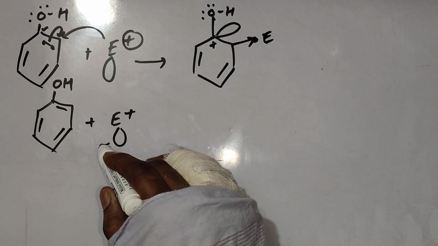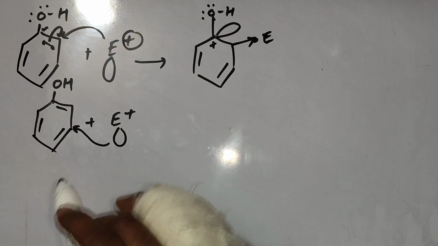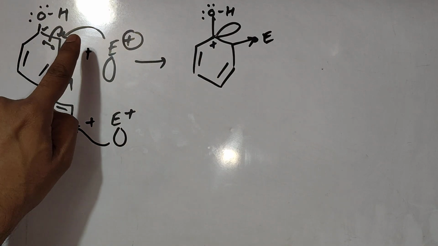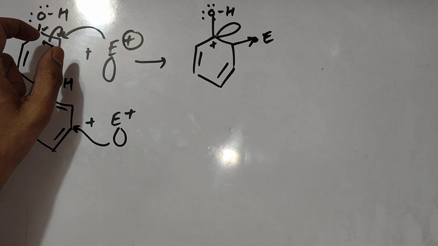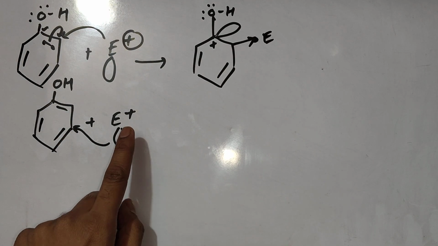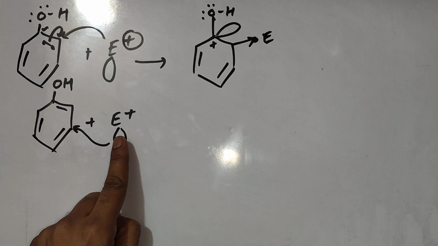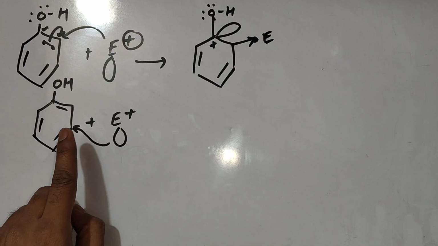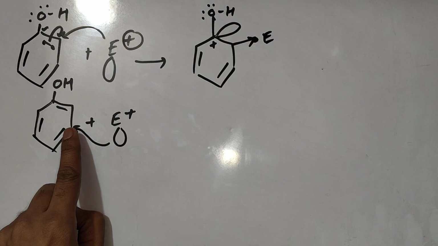Suppose it has attacked on the meta position. This is the meta position. The same phenomenon as the ortho attack will happen here also. This electrophile does not have electrons for the bond formation. So the responsibility will be of this carbon to provide electrons.